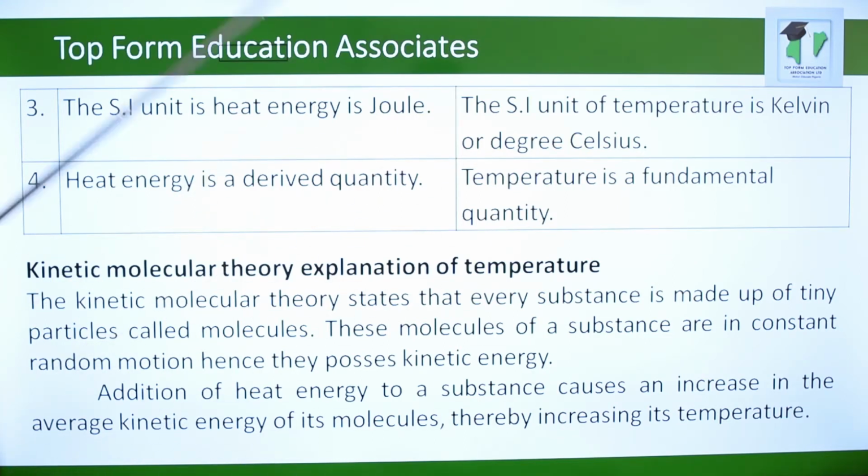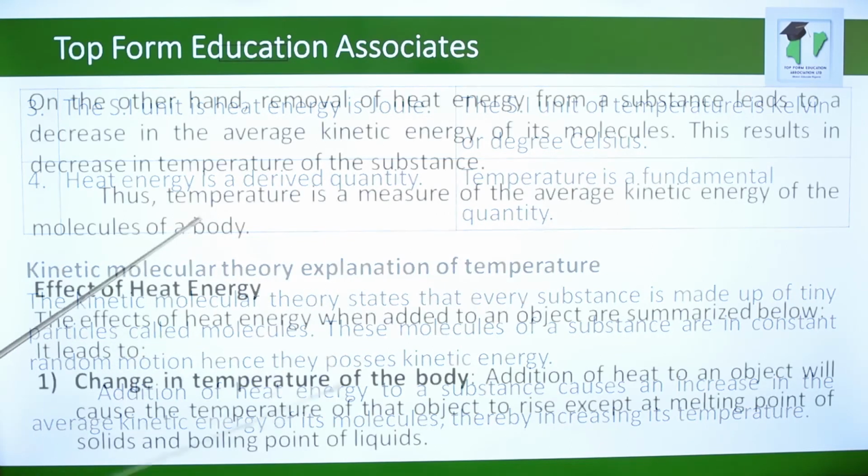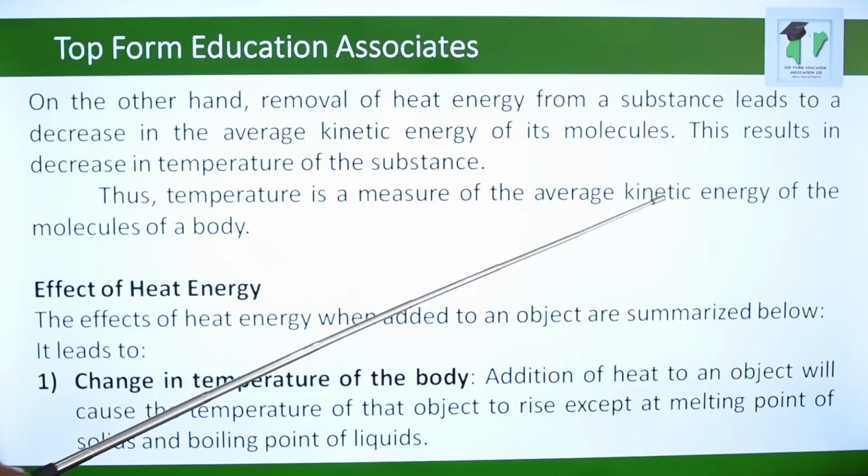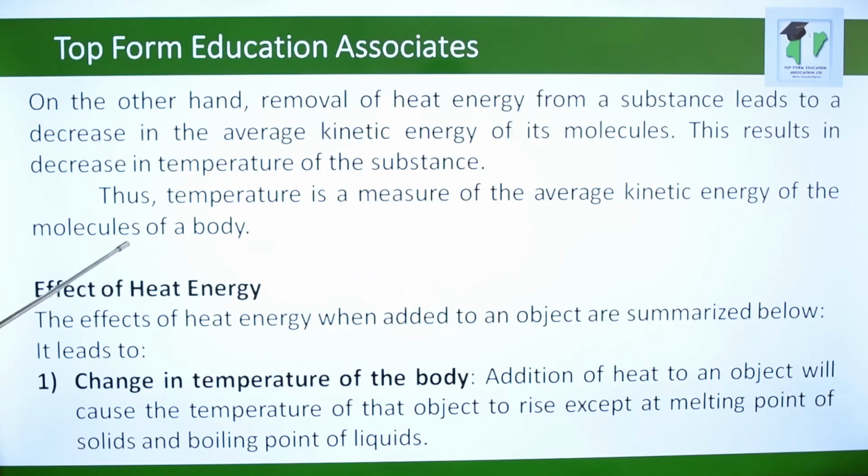And once they start moving about because of the addition of heat, you have increased the temperature. But once you remove the heat, the temperature will reduce. So we have used the kinetic molecular theory of matter to explain temperature. Thus, temperature is a measure of the average kinetic energy of the molecules of a body.